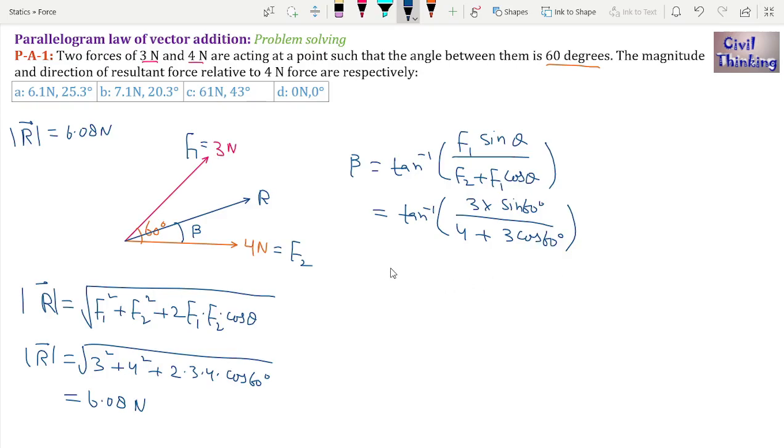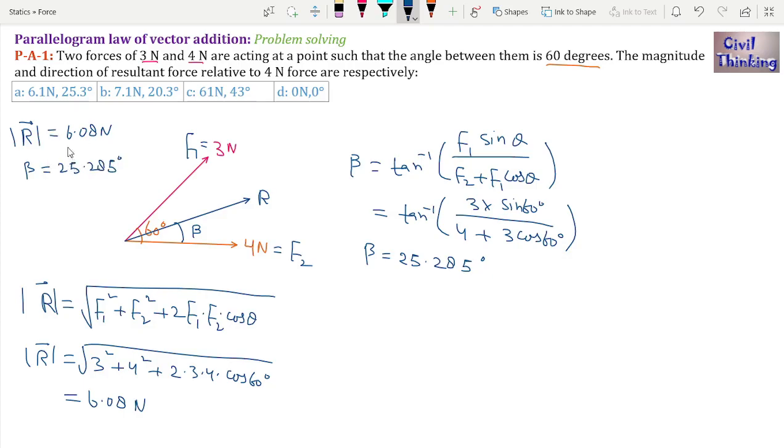When you solve this using a calculator, you will get beta to be 25.285 degrees. So we have this angle beta to be 25.285 degrees.